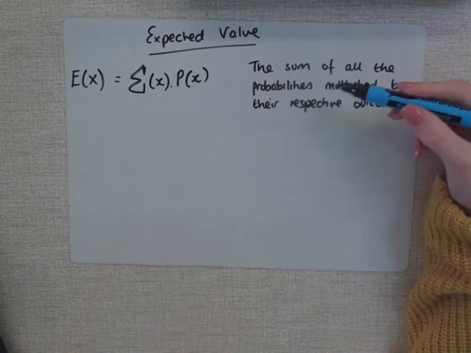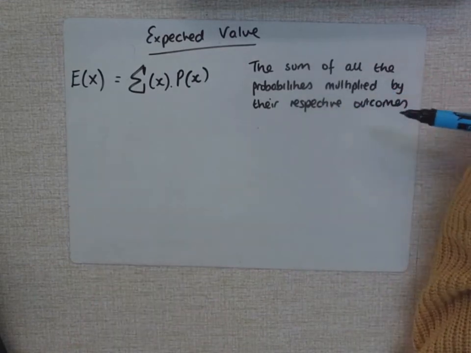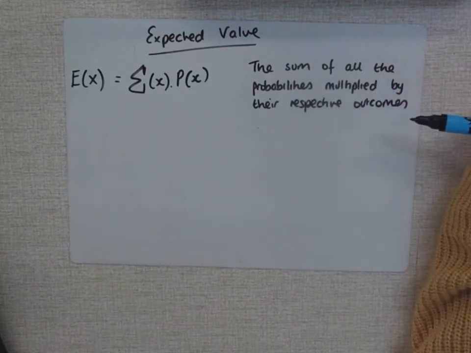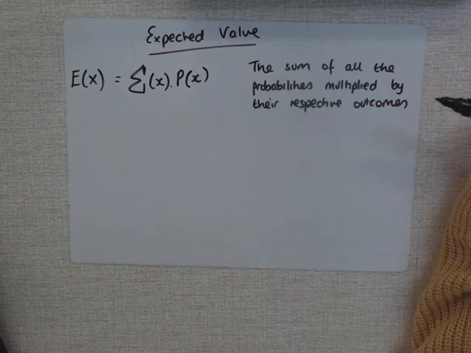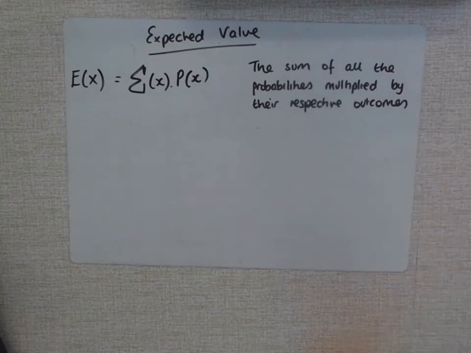The sum of all the probabilities multiplied by their respective outcomes. What do you mean by respective? So if the outcome was 4 and the probability of getting a 4 was a half, it would be 4 by a half. It means the ones that relate to each other. So 4 is with a half. That's their respective outcomes.